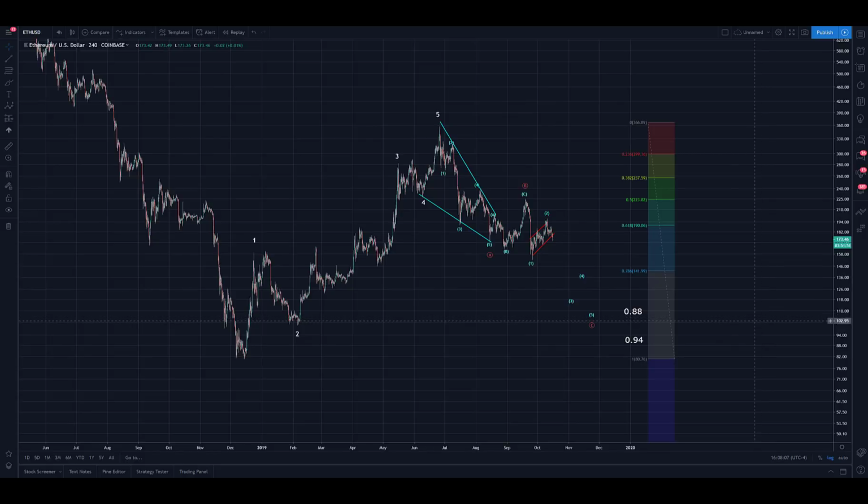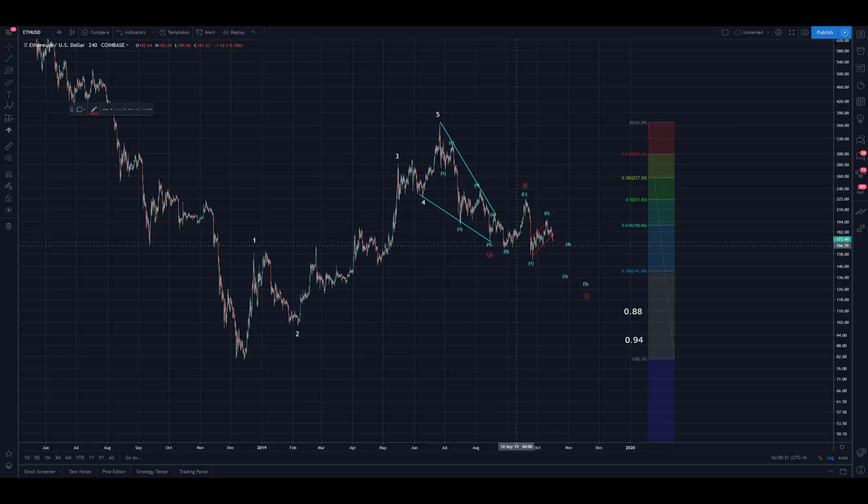Now, it is possible, so this is my primary count direction-wise and target-wise. It is possible that 0.78 will have some support effect. Maybe it'll be the bottom. Maybe we might even get something like this. It is probable.